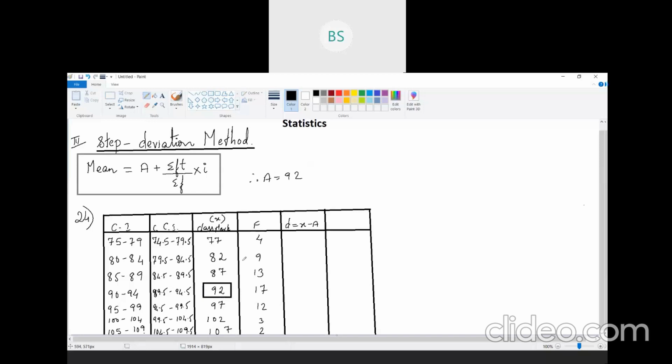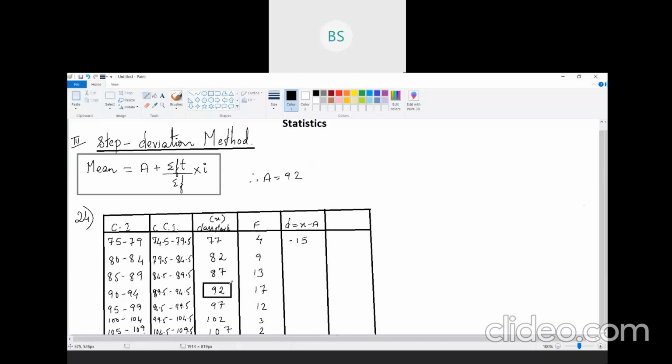Now we find d, that is x minus a. So here it will be 77 minus 92, that will be minus 15.